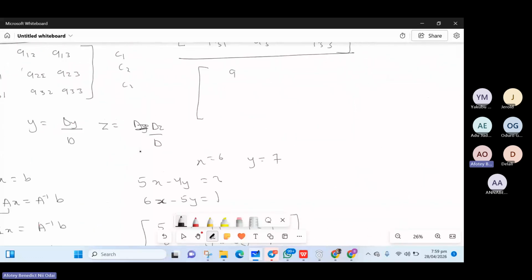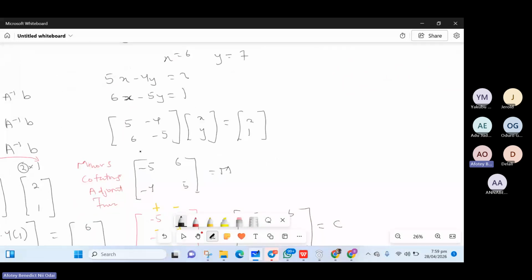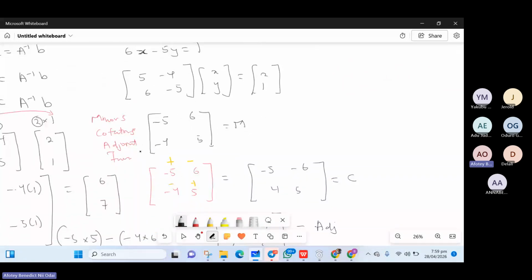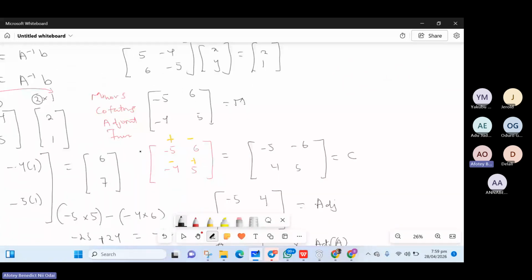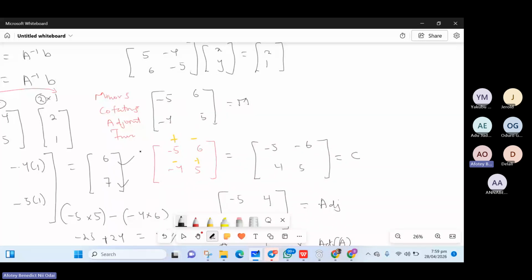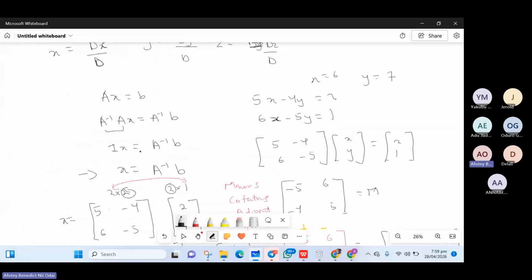So we've just used the inverse method to solve for our matrix, and by doing so, again, we got y to be 7 and x to be 6. Do we get what we just did? How to solve a system using Cramer's rule, which we went through some time ago, and now we've seen that we can also solve a system using the inverse.